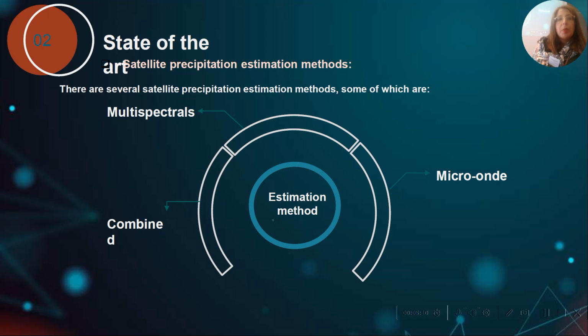Let's talk about the satellite precipitation estimation methods. There are several satellite precipitation estimation methods. Some of them are combined, spectral, and microwave.